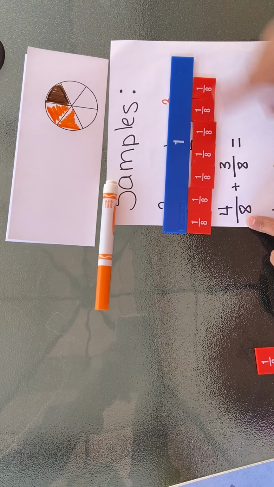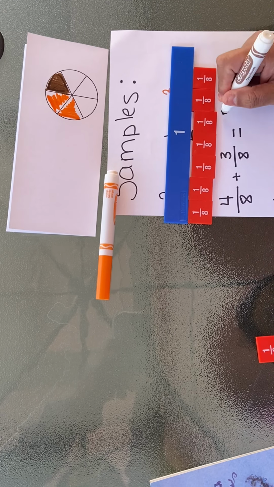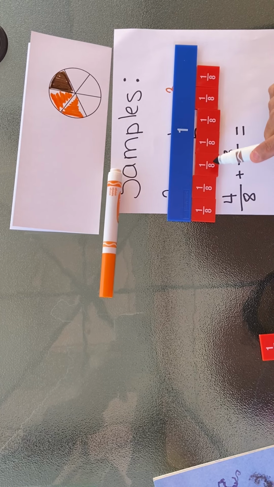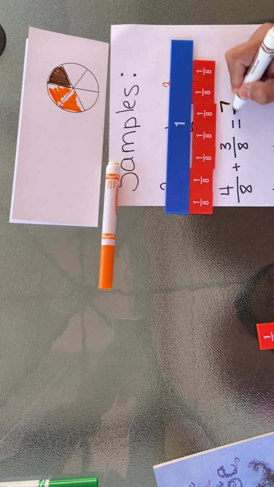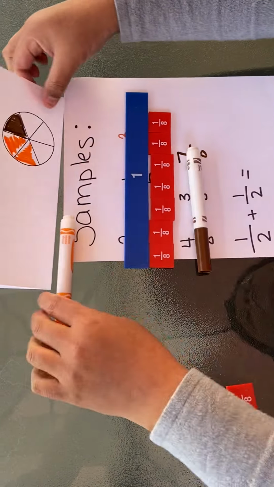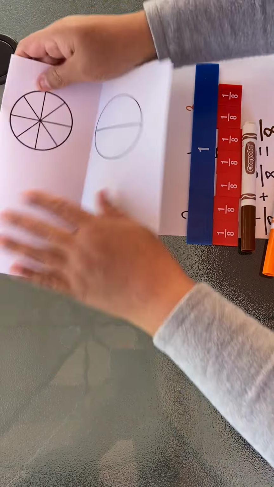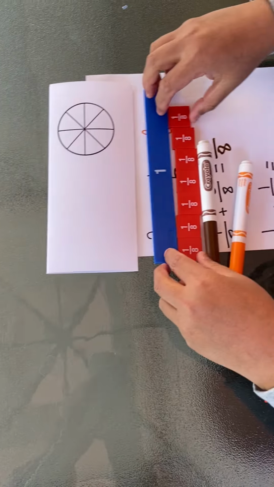So 4/8 plus 3/8 equals, you can count them together, 1, 2, 3, 4, 5, 6, 7. 7 eighths.